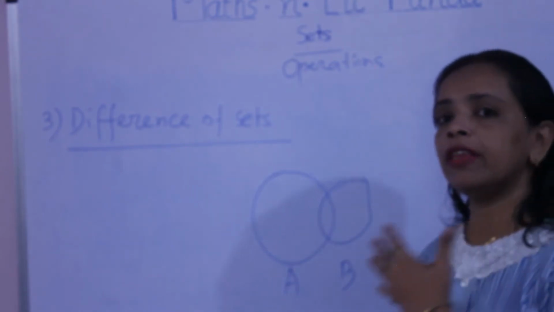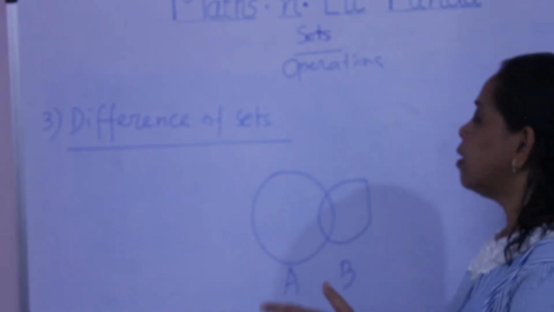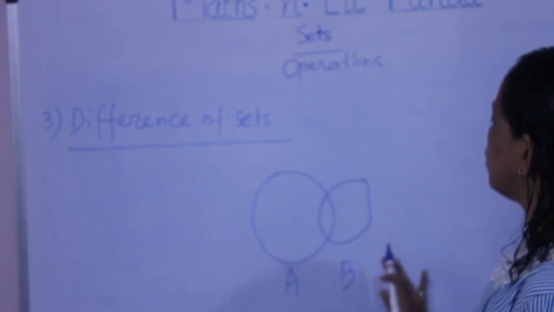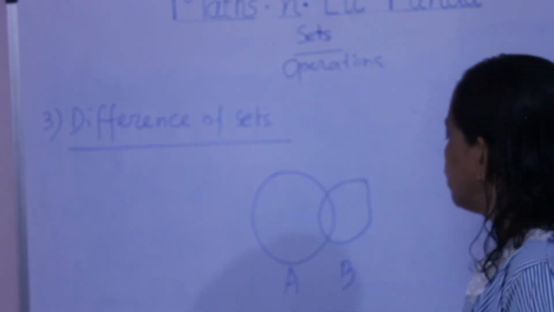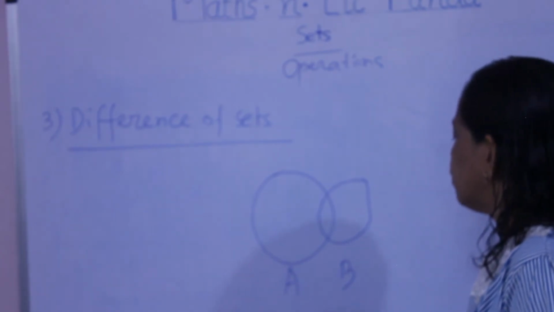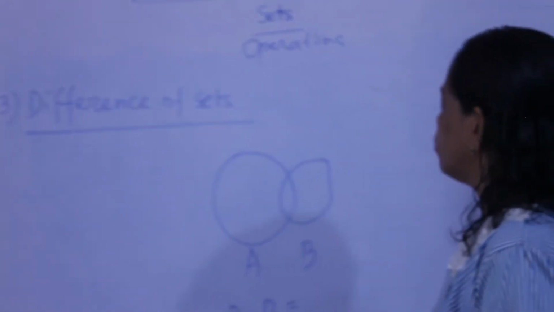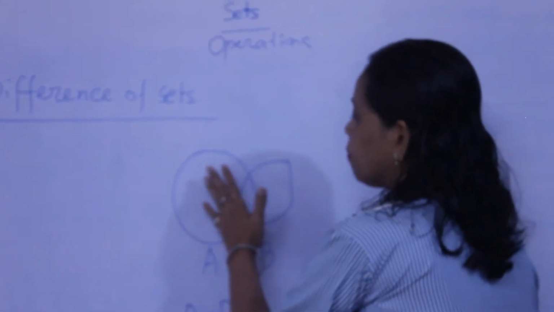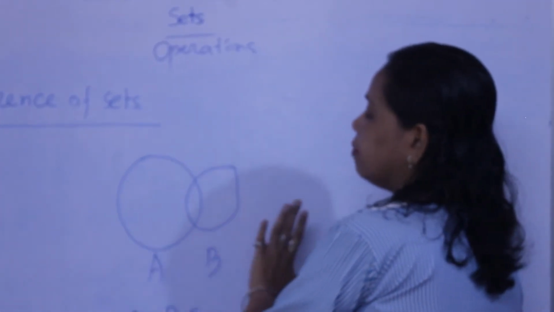The elements present in A but not in B. So difference of sets, A difference B, I will find out like this. A difference B is equal to the elements present in A but not in B.